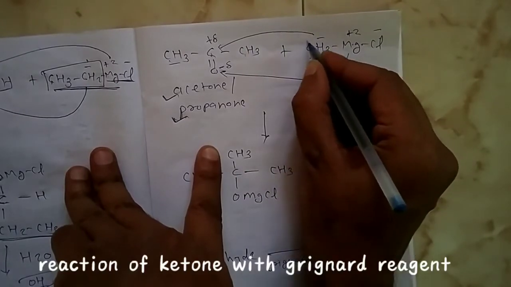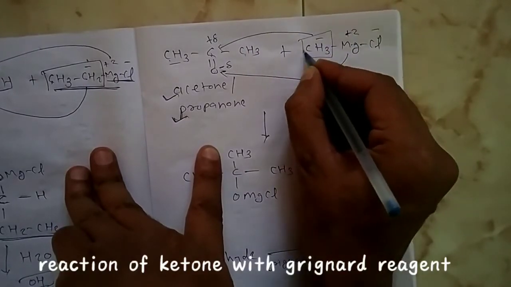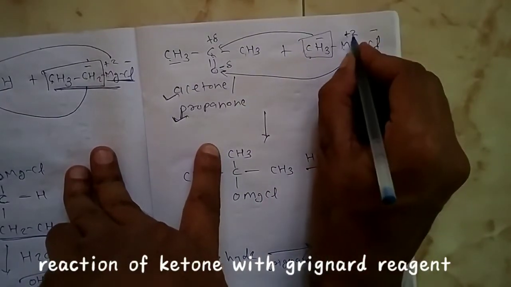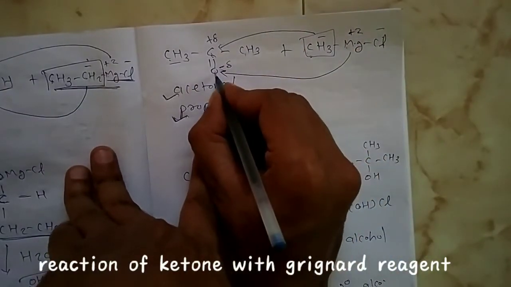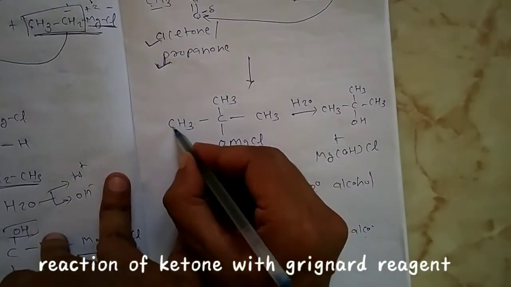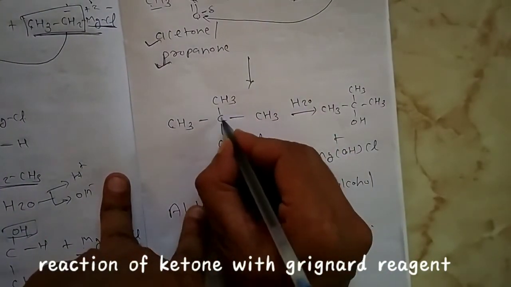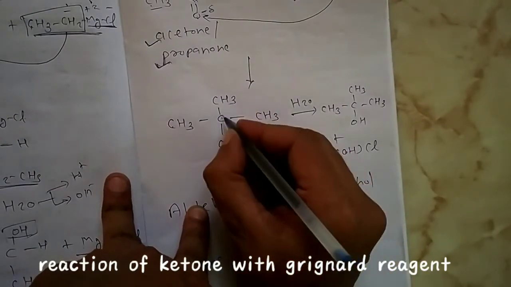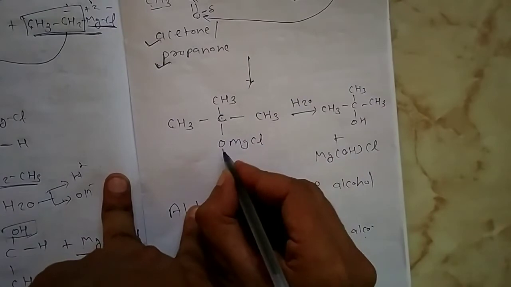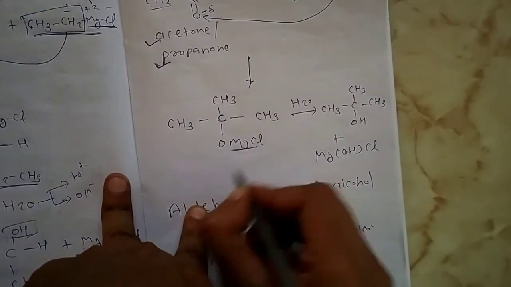For the ketone, the negative CH3 part will attack the carbon, and MgCl, which is positive, will attack the oxygen. So you will get this intermediate. You can see CH3 is as such, then the carbon breaks the double bond. On carbon, CH3 attaches and with oxygen MgCl attaches.